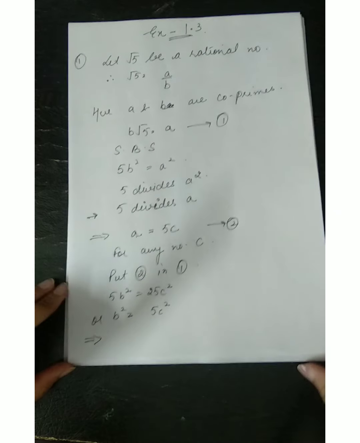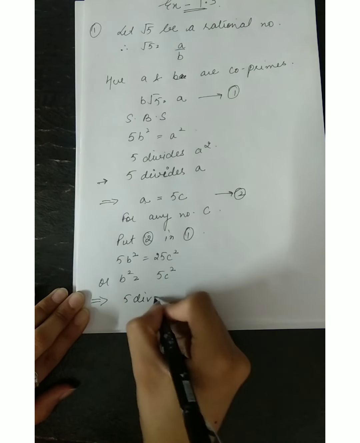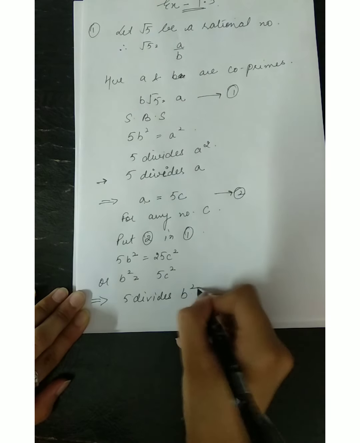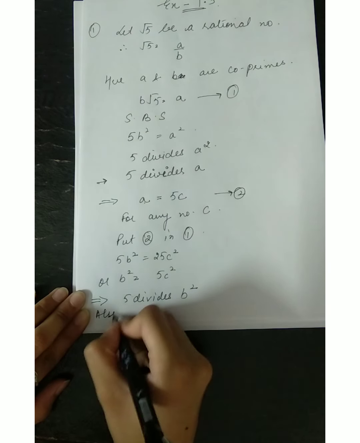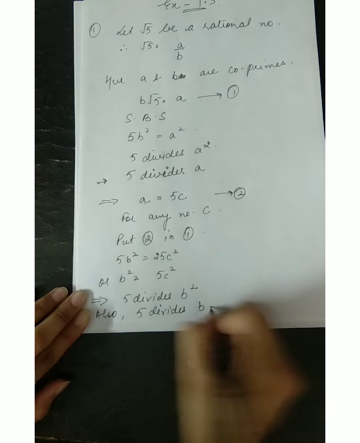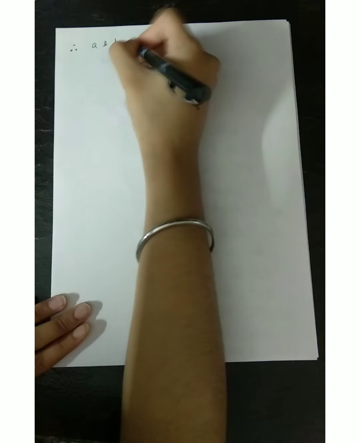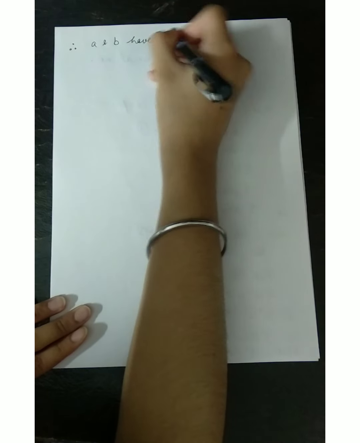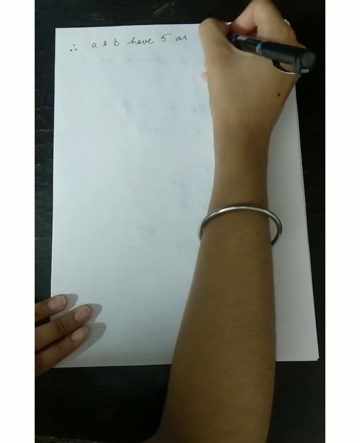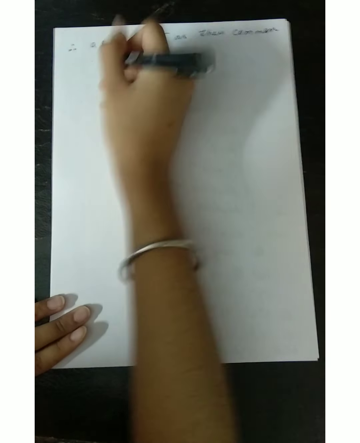This implies 5 divides b square. Also 5 divides b. Therefore, a and b have 5 as their common factor.